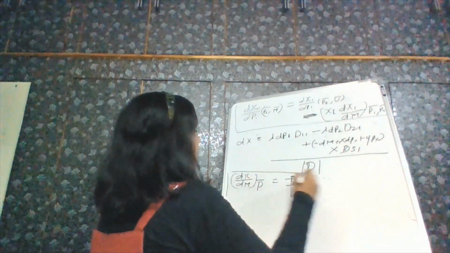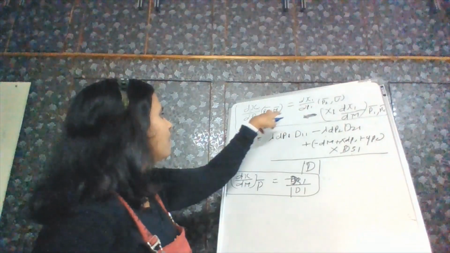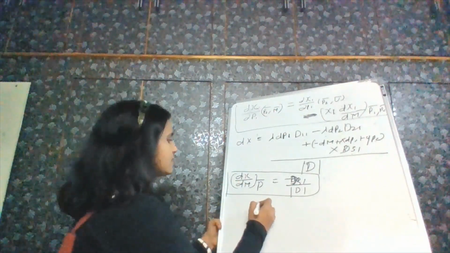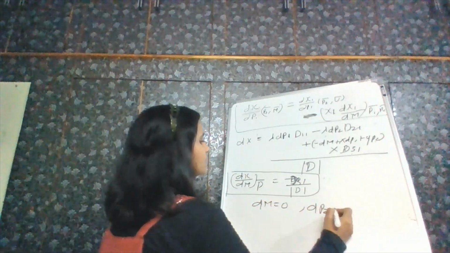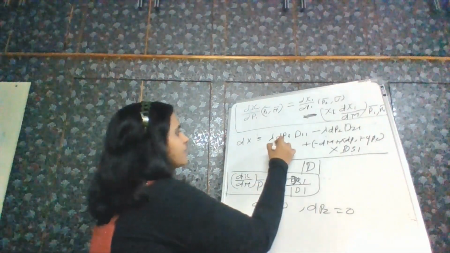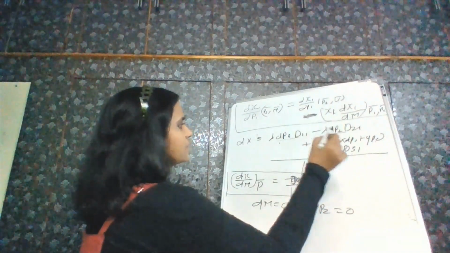That was one equation. Now the second equation: you have to keep price constant and m constant. So that means dm equal to 0 and your dp2 equal to 0.